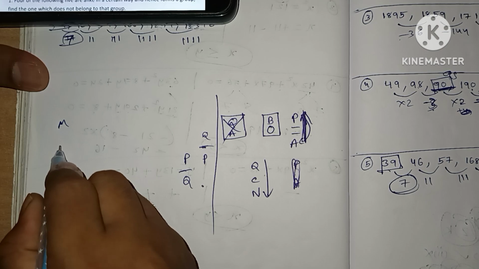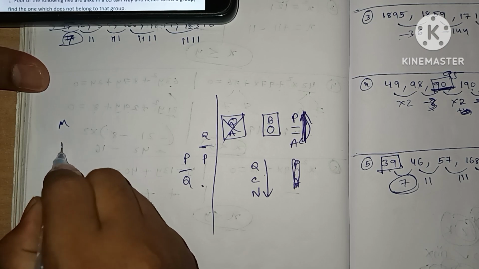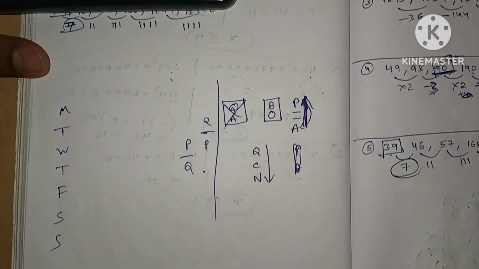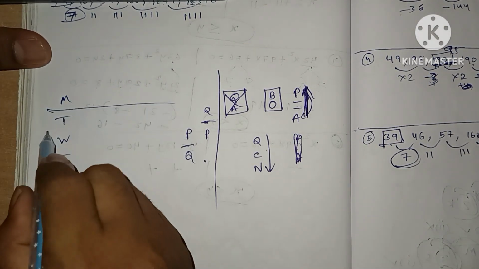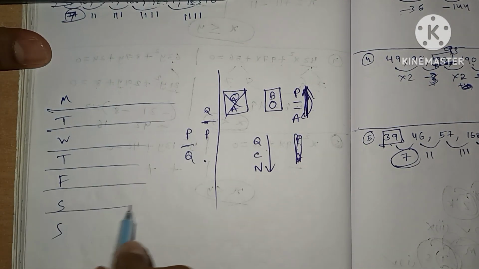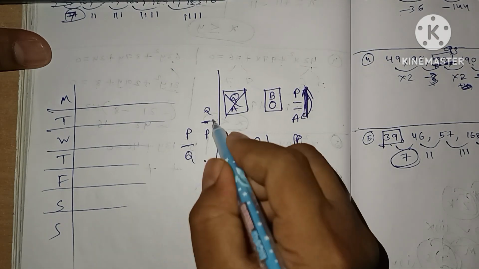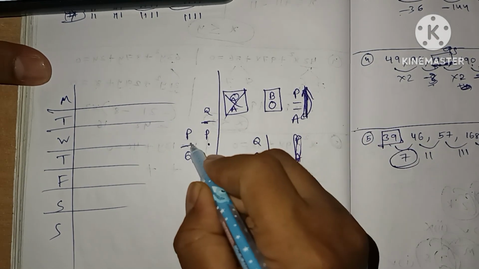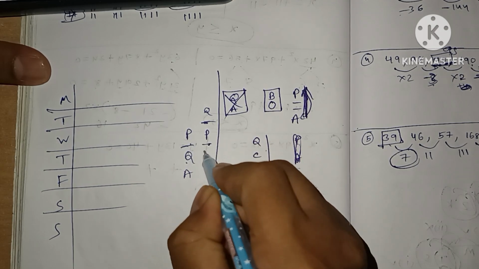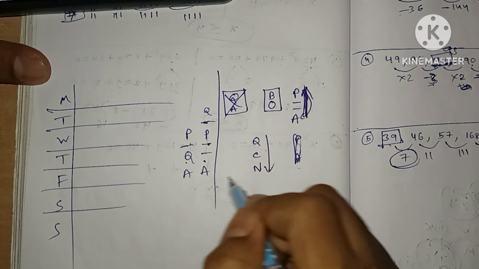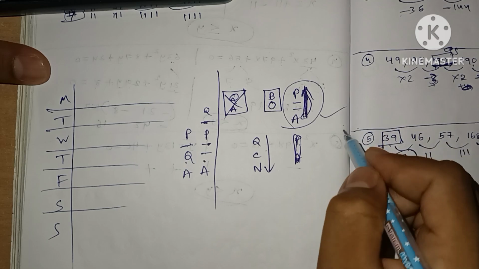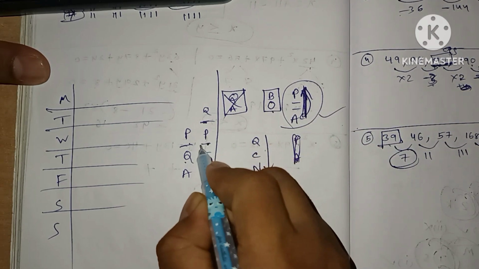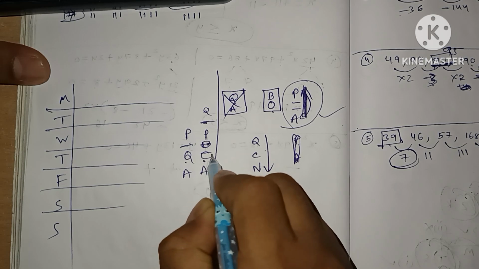The puzzle is about Monday, Tuesday, Wednesday, Thursday, Friday, Saturday and Sunday. So we have two possibilities like this with P. If we have P, we can write A two places after. Okay, this one is completed. Next, we need to place B and O immediately. So this is the only place for B and O here.